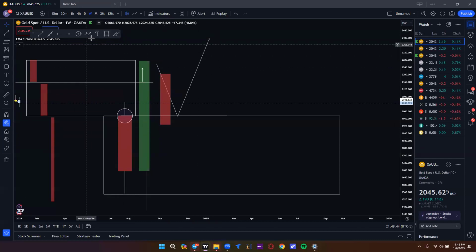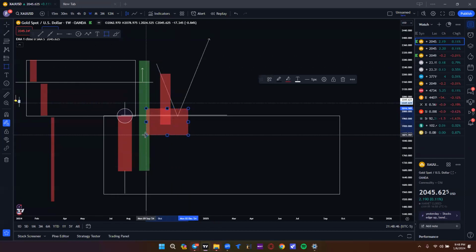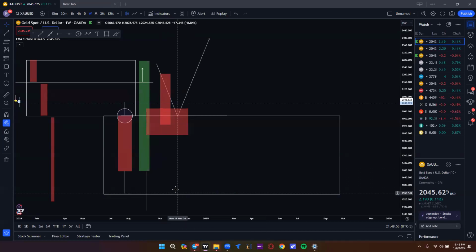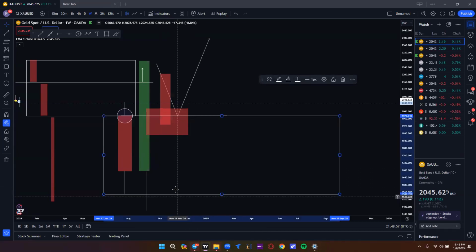Then I wish I knew this before, because I can close my buys a little bit earlier. I can close it before price takes me out. My SL, let's just say, is below this line a little bit.